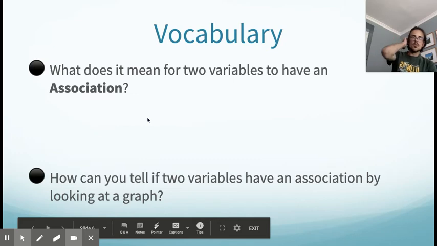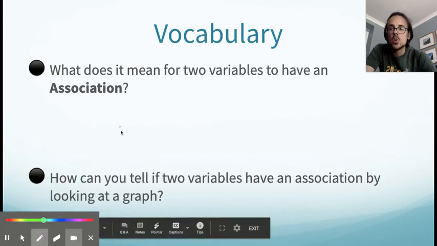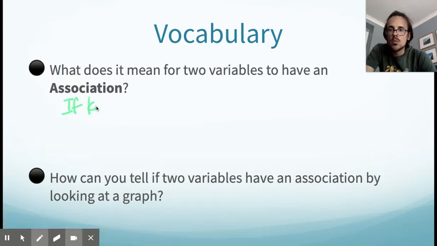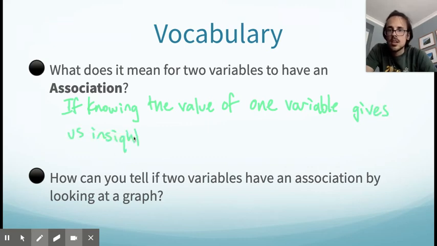Vocab word here. We say that two variables have an association if knowing the value of one variable gives us insights into the value of the other.